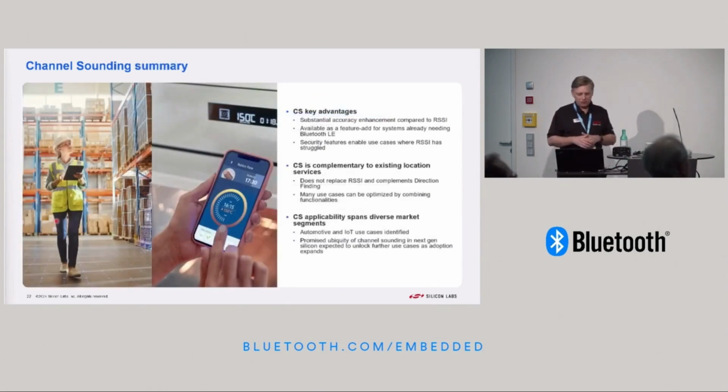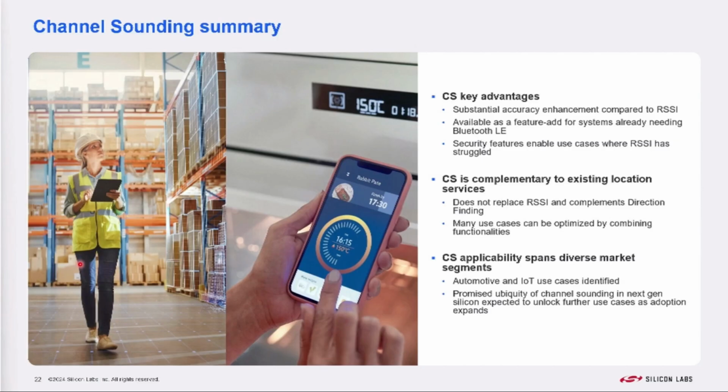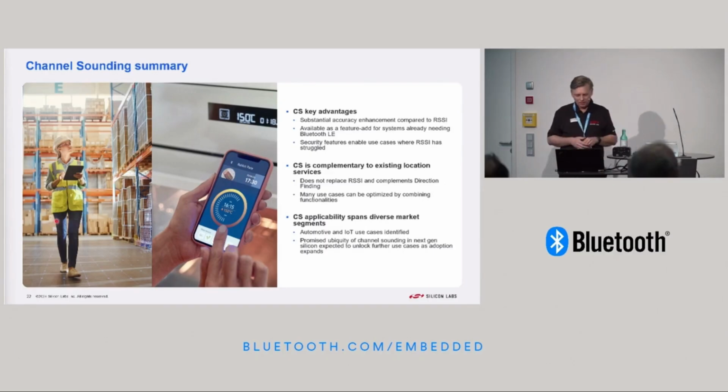Okay, so just to wrap up with a few highlights. What we see is that channel sounding is a substantial accuracy enhancement compared to RSSI. It's so substantial that it actually unlocks a set of use cases that just weren't feasible with RSSI.